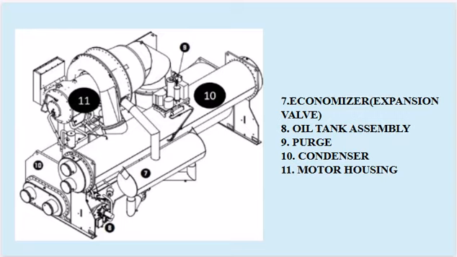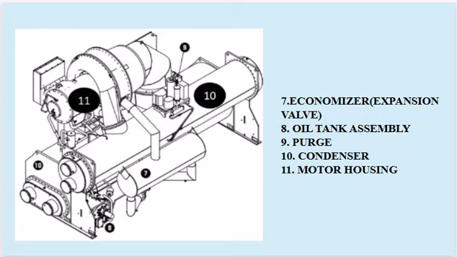The economizer, or expansion valve, enhances efficiency by pre-cooling the refrigerant before it reaches the evaporator. The oil tank assembly provides lubrication for moving parts, essential for smooth operation. The purge system removes any non-condensable gases to prevent efficiency losses and potential equipment damage.